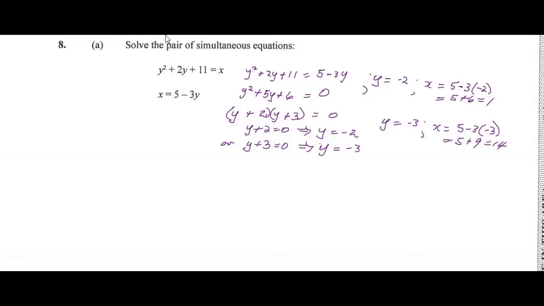So the two pairs of solution are when x is equal to 11, y is equal to negative 2, and when x is equal to 14, y is equal to negative 3. So we have the two pairs of solution, so that answers the question.